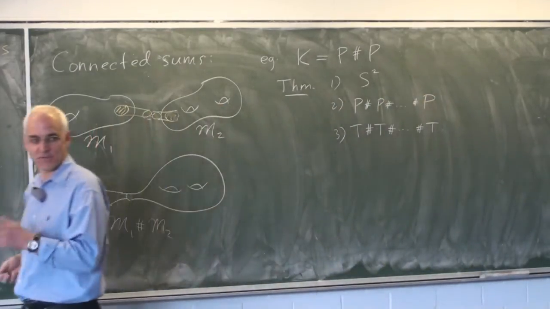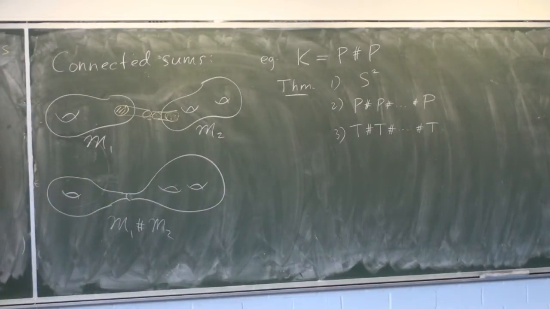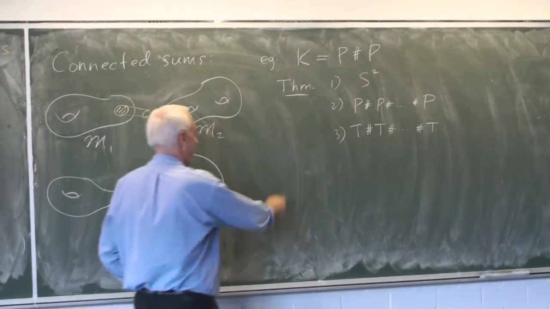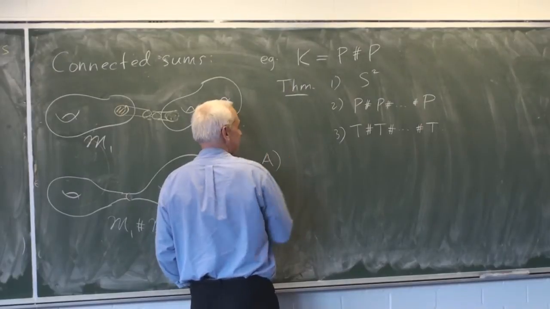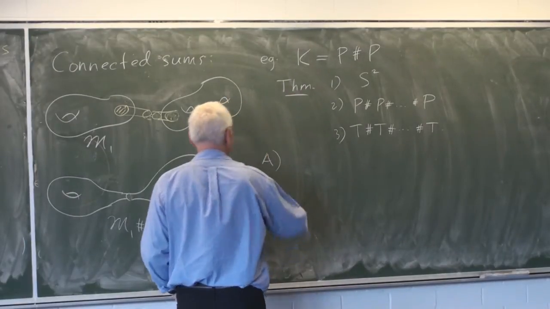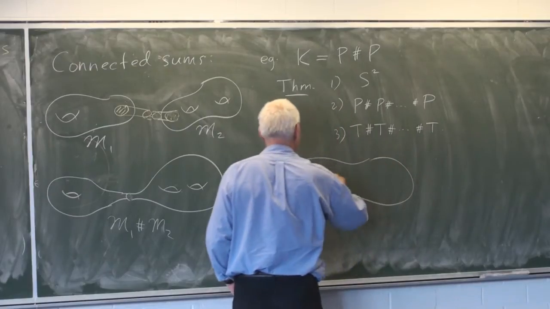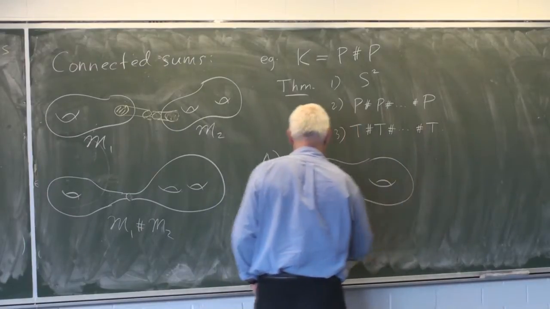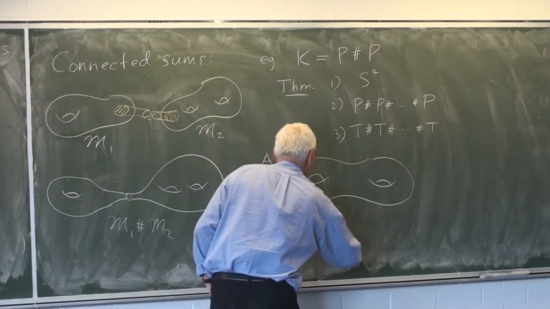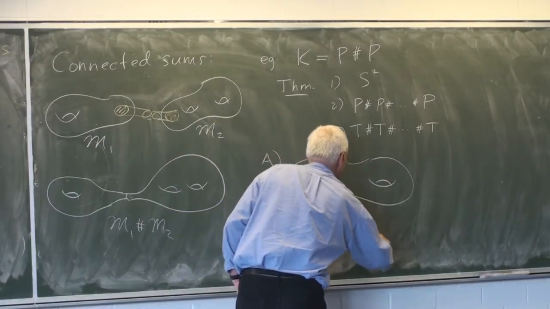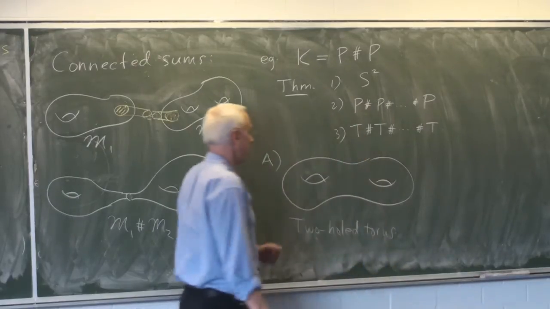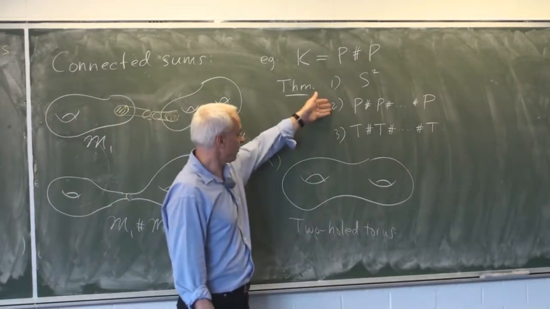That just gives us some notation for talking about these things. So today I want to talk about two particular ones. So we're going to look at the two-hole torus. Have a look at that first, and then we're going to look at three projective planes.